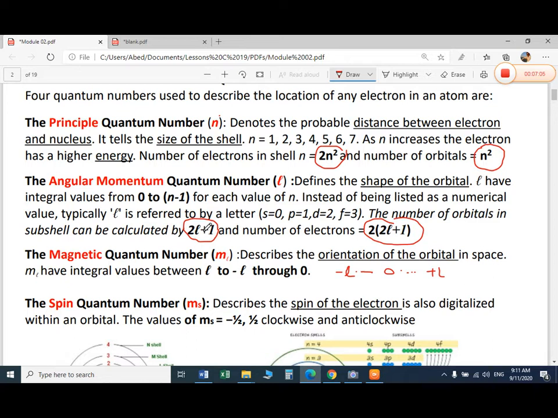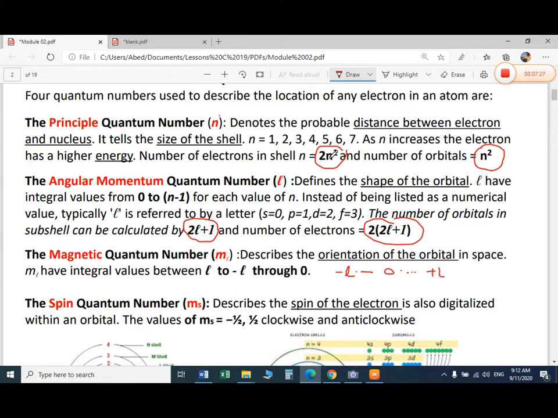And here one thing more you have to be careful about: when calculating the number of electrons in the shell, when you talk about the shell, then this will be the formula, and the number of orbitals in the shell, this will be the formula. When you are calculating the number of orbitals in the subshell, then this will be the formula. You have to see what the question is asking here.